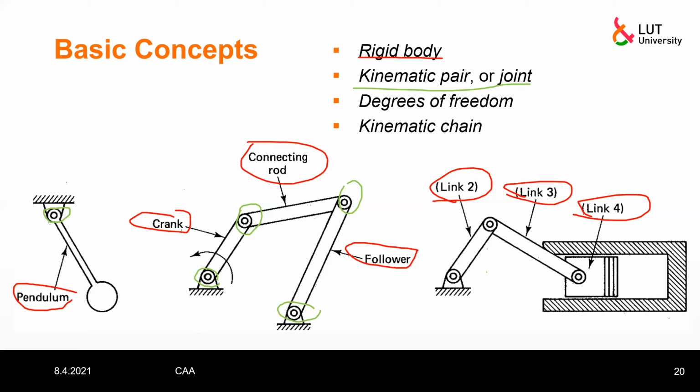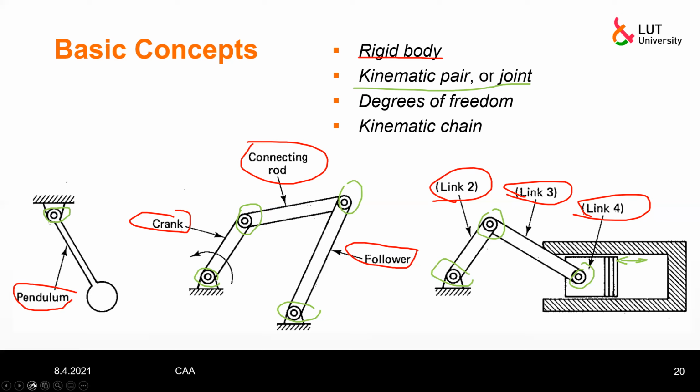And here, for the slider crank, we have 4 joints, and the 4th joint is here. It restricts the motion of this 4th link only along this axis, and it describes a translational joint.